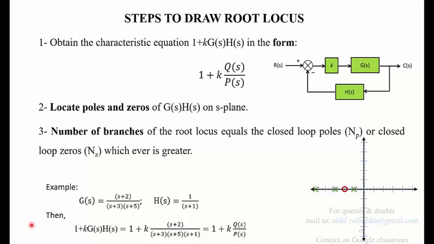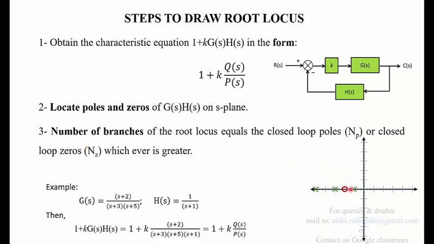Now step 3 says that the number of branches that the root locus will have will be equal to the number of closed loop poles or zeros, whichever is greater. So in any system, the number of poles or zeros, whichever is greater, will give you the number of branches that the root locus will exhibit.